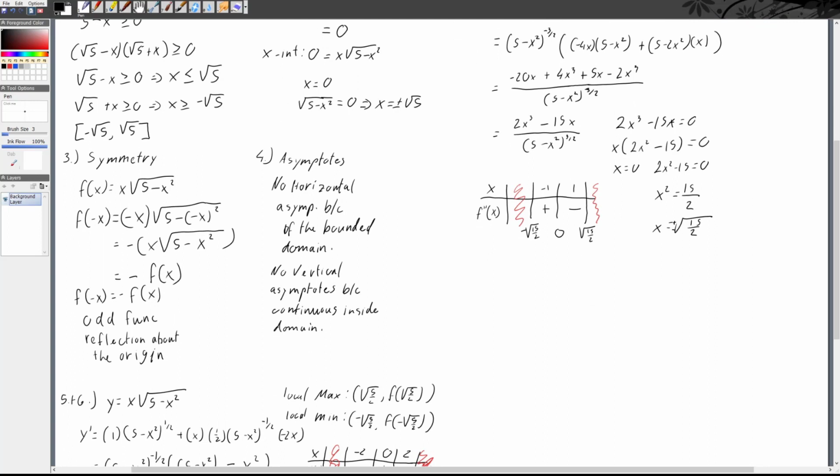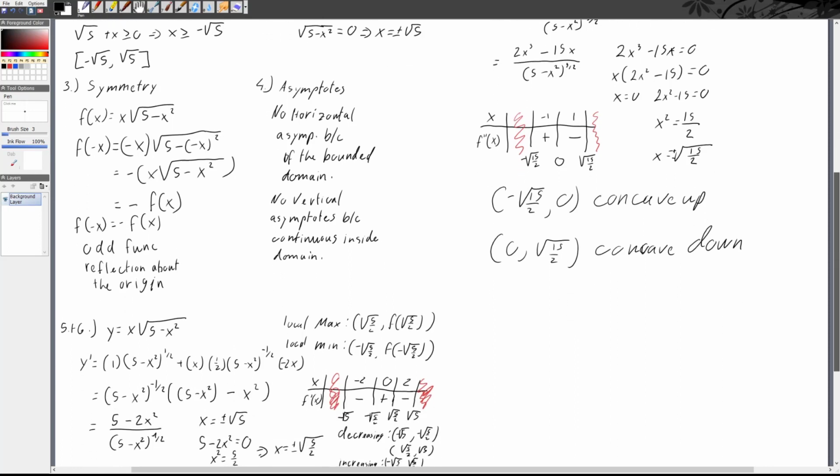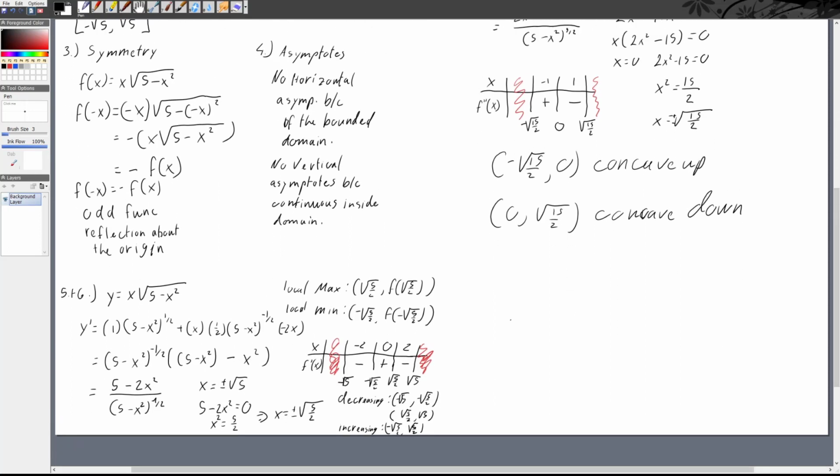Just a quick note that from negative square root of 15 over 2 to 0, the function is going to be concave up. And from 0 to square root of 15 over 2, it's going to be concave down. We put all of this together into a graph.